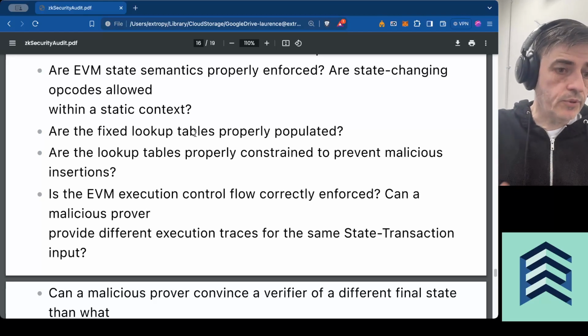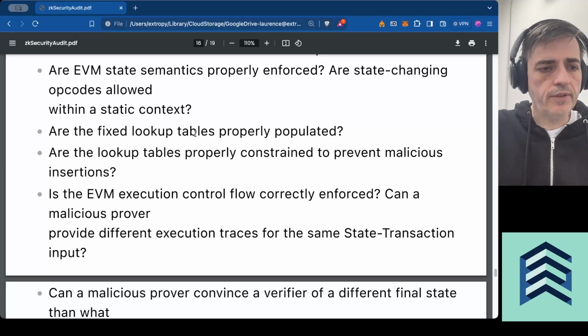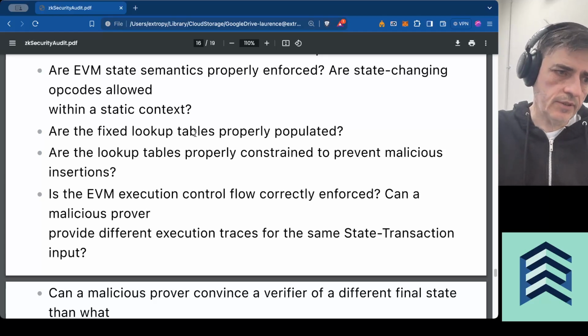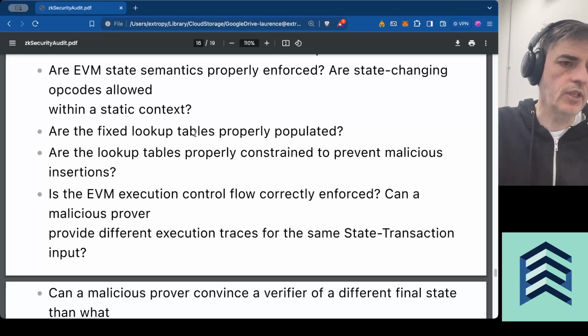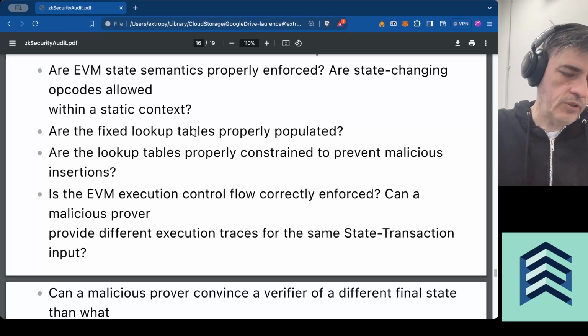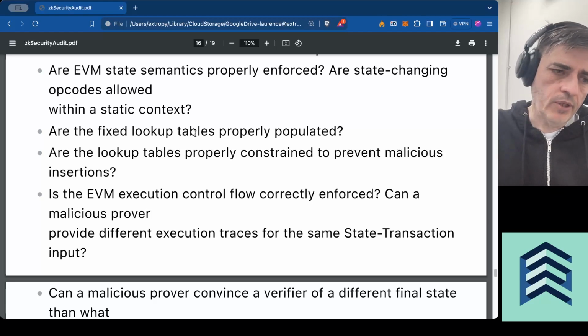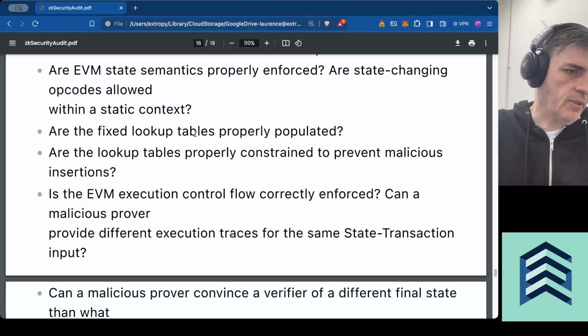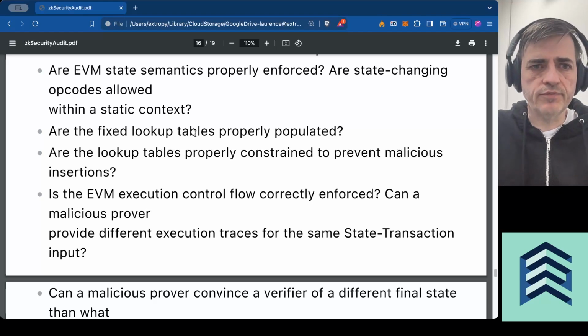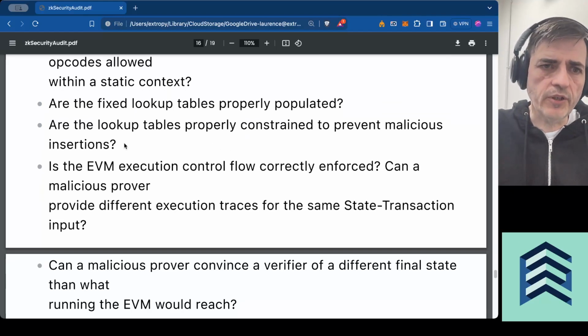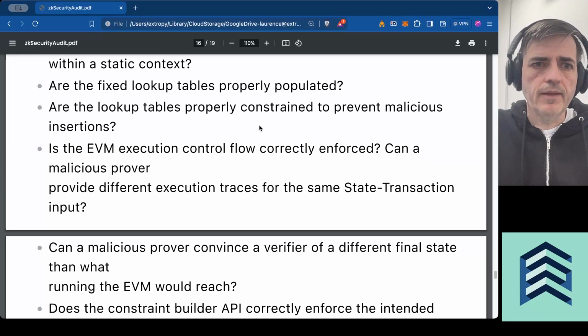But of course, if you do that, then you need to make sure that these hard-coded values are the correct ones, that they are in the correct range, that they are being used correctly, that a malicious prover couldn't somehow manipulate them to create a false proof. So there would need to be lots of constraints about those.